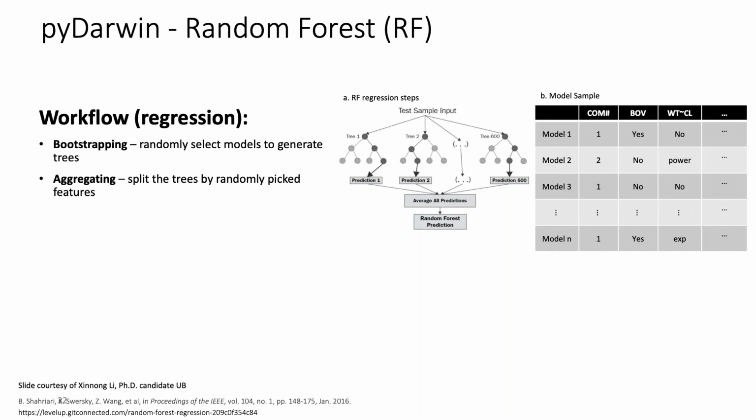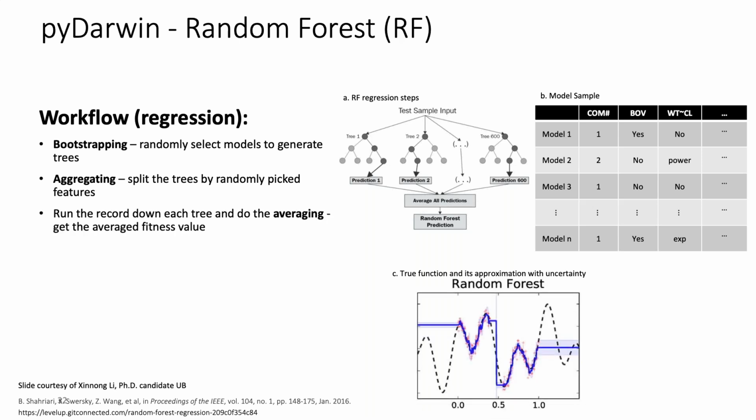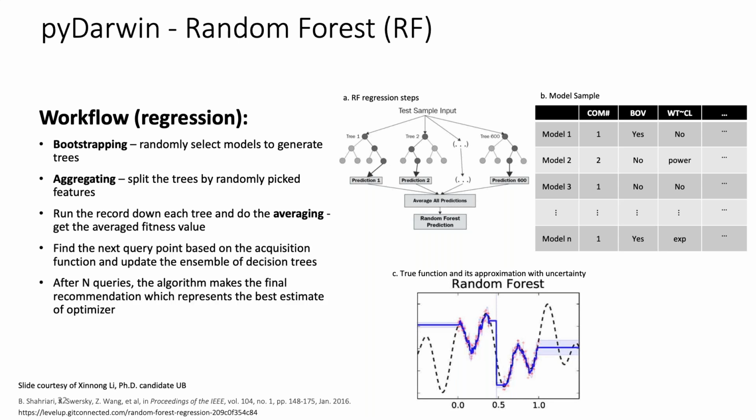And so here we have a model sample, and we run the record down each tree and do the averaging to get an average fitness value, and repeat that over multiple generations, multiple iterations. And then you find a new query point based on this function, and after this, you make a recommendation based on the best estimate from the optimizer.